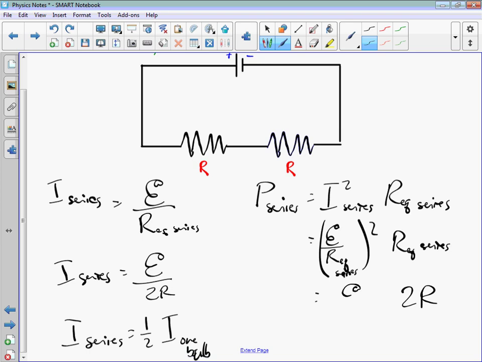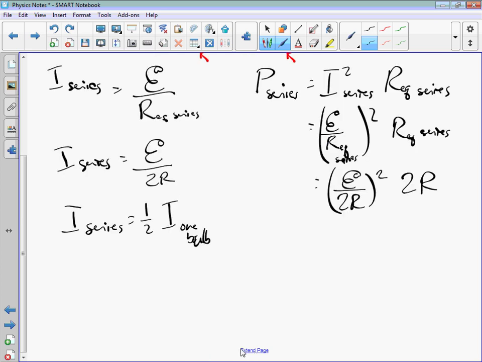So E over the equivalent in series, 2R. Those are both going to be squared. Now I can distribute that square. I get E squared over 4R squared times 2 times R.